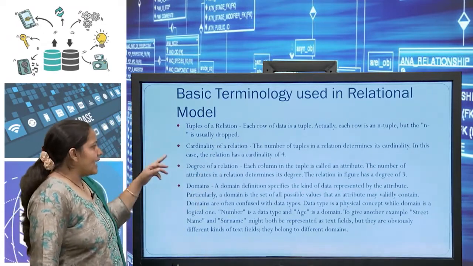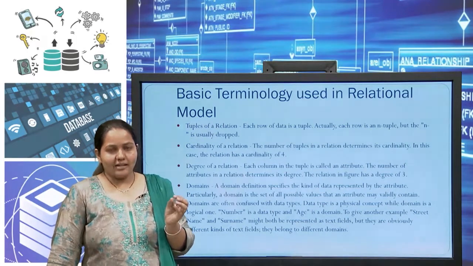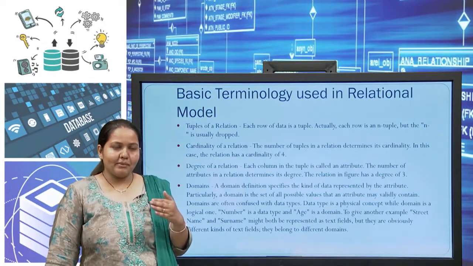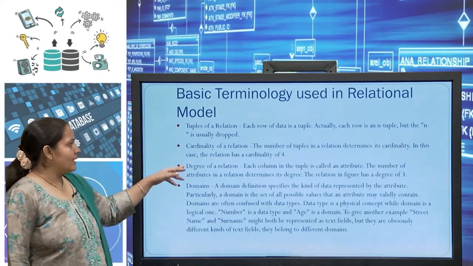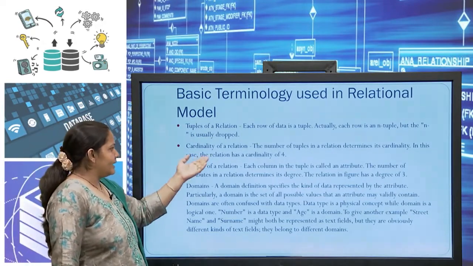Okay. Next is the cardinality of your relation. A relation, as I have said already, is also known as a table. The cardinality of a relation is the number of tuples in the relation. In our example, student has S number and S name, two fields, and if we insert 3 rows, meaning 3 records, then 3 is the cardinality of the relation. The number of rows in your table is the cardinality of the relation.